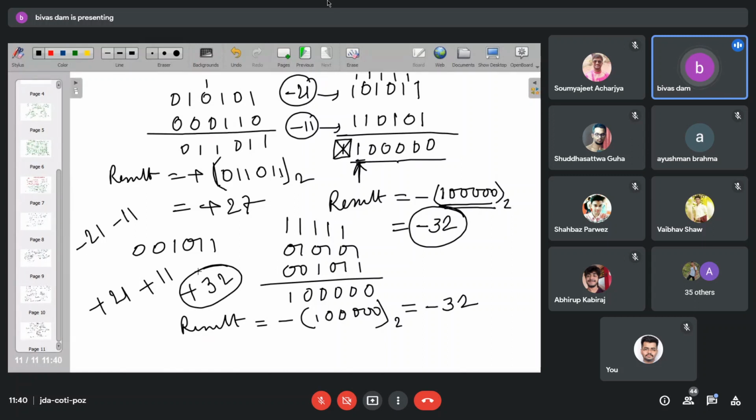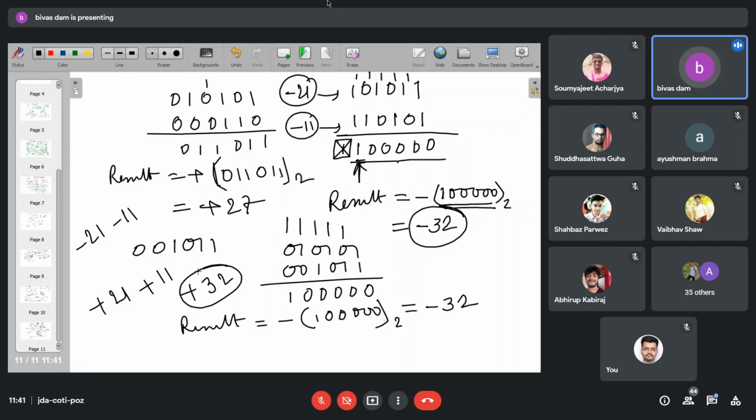We check the sign bit of the operands and the sign bit of the result. If the operands are of the same sign, only then we go for checking the overflow. Otherwise, I can straight away say that the overflow flag is 0. But if the operands are of the same sign, both 0 or both 1, and in the both 0 case the result is 1, I have to raise the overflow flag to 1.